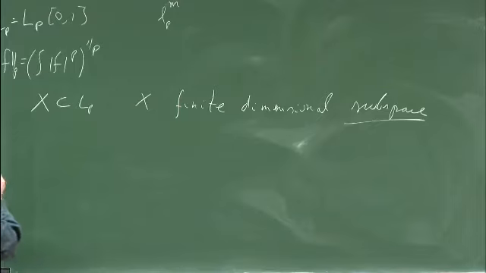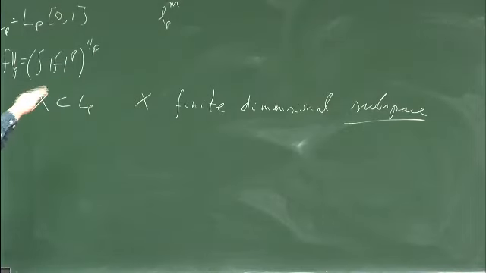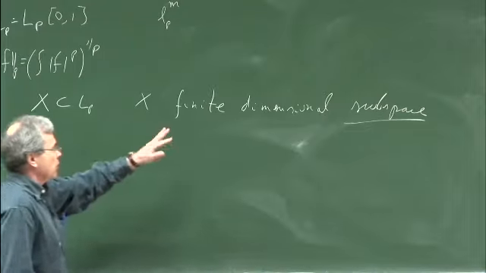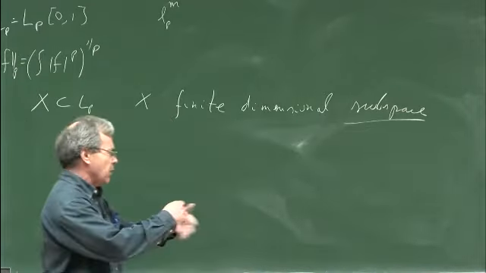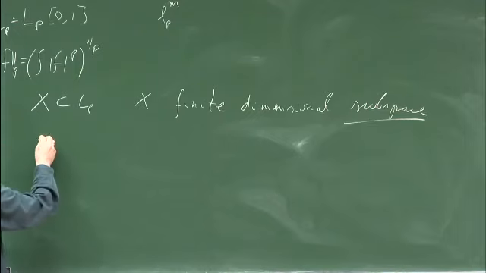And I'm interested in, and in that case, it's very easy to see that you can actually embed it in LPM. I'll say in a minute what I mean by embedding. For some finite m, depending, actually m can be only a function of the dimension, but in the simple way of doing it, the m is exponential in the dimension of x, and I want to get much better results.